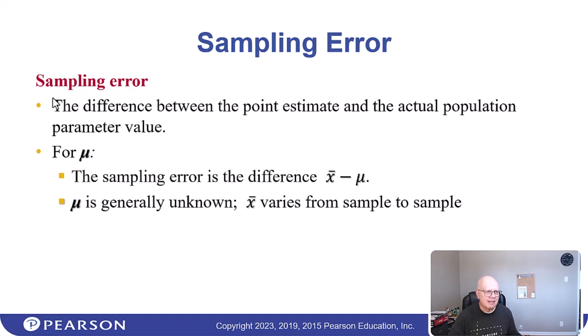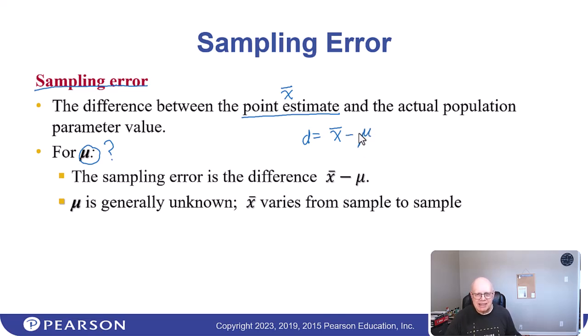Next, sampling error. We haven't mentioned this before. That means when you got your point estimate, in this case, like X bar, how far off is it from the real thing? Well, the real thing is mu, but we don't know what it is. But to find out how far off it is, the difference is the X bar that we got minus the real number.